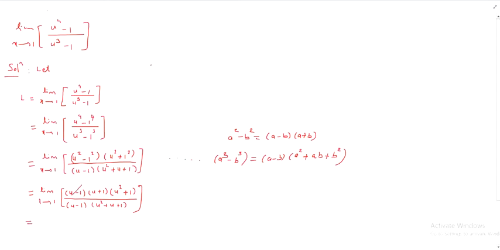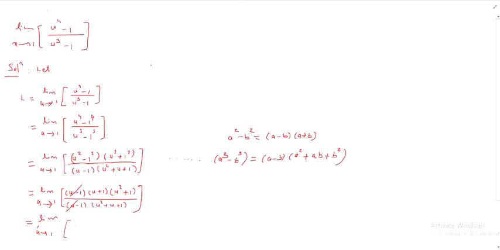Here the common factor gets cancelled and we can write the limit, and here the variable is u, therefore we have to write limit u tends to 1. That is, the common factor u minus 1 we have to cancel from numerator and denominator.